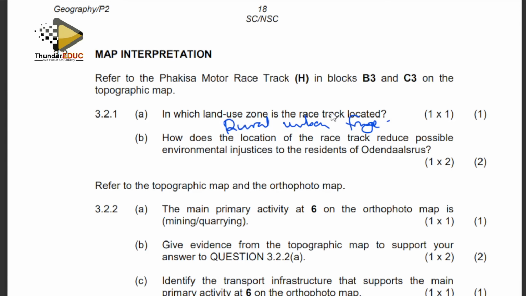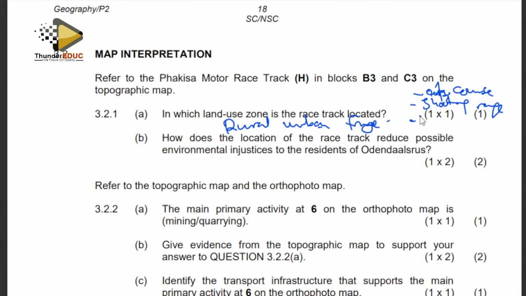But the following are the indicators if you were to find out where the rural urban fringe is found. Number 1, these are the indicators. If you see a golf course, that means that is where we see the rural urban fringe. If you see the shooting range, that is where we see the urban fringe.